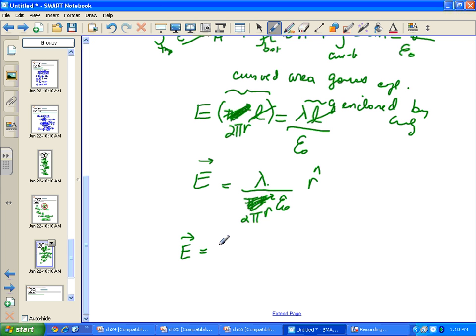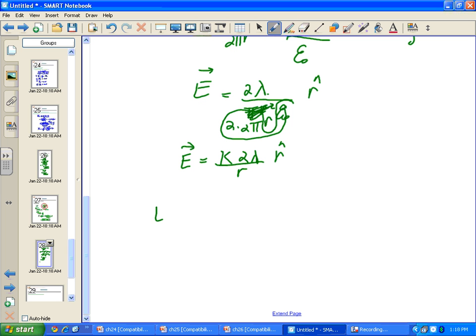Well, we can actually multiply both sides here by 2 times 2 pi r epsilon naught, so that we can get a 1 over 4 pi epsilon naught here, and therefore write k times 2 lambda over r. And that will just save us a little bit of work in terms of entering our numbers.